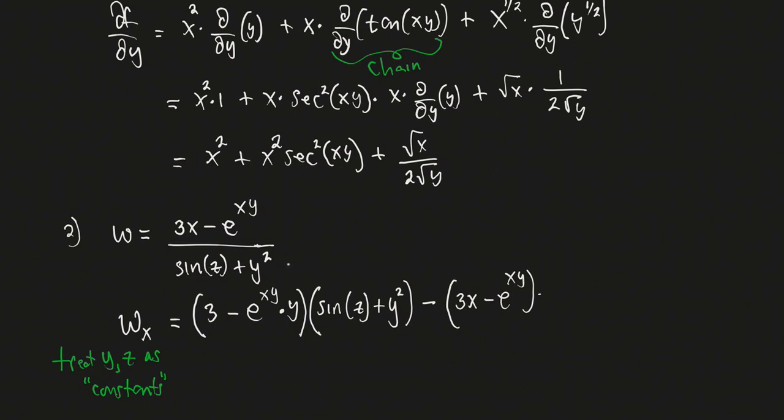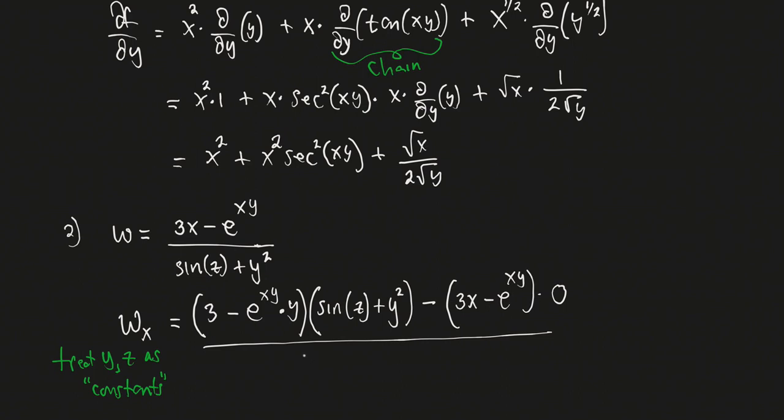But look, there is no x in the bottom at all. So this term is treated as a constant. This term is treated as a constant. That means the derivative of the denominator is 0. That's fun. And then this is all over the denominator squared.